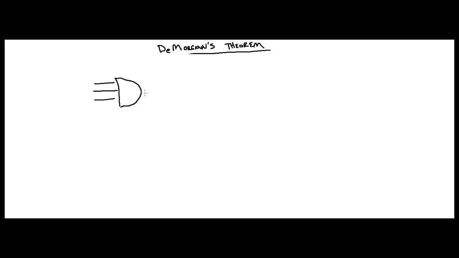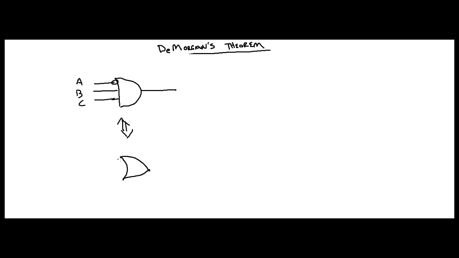It's not inverted, and let's just say you have one of these inputs inverted. This is A, B, C, right? If I were to have you write the DeMorgan's equivalent to it, first thing, what's the gate? The gate's going to be an OR gate. Okay?